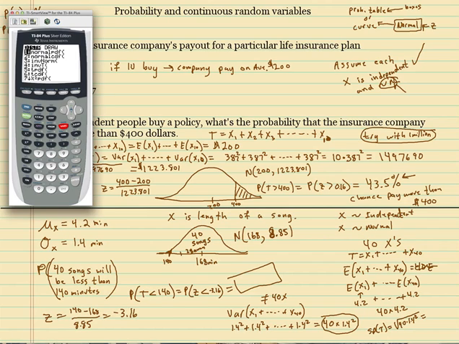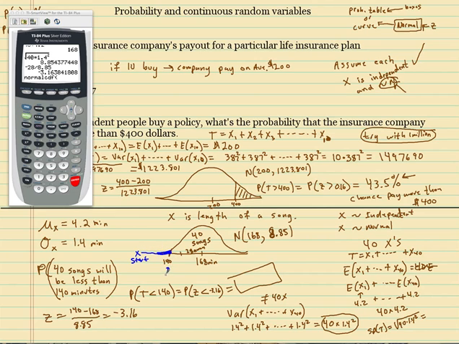So to get the answer, second distribution, down to normal CDF. Now remember, I'm starting over here and working my way this way. This is my start. This is my stop. And I'm not dealing with x's, I'm dealing with z's. So I say negative, a really, really small number, comma, and I want to go to my z-score, which was negative 3.16.